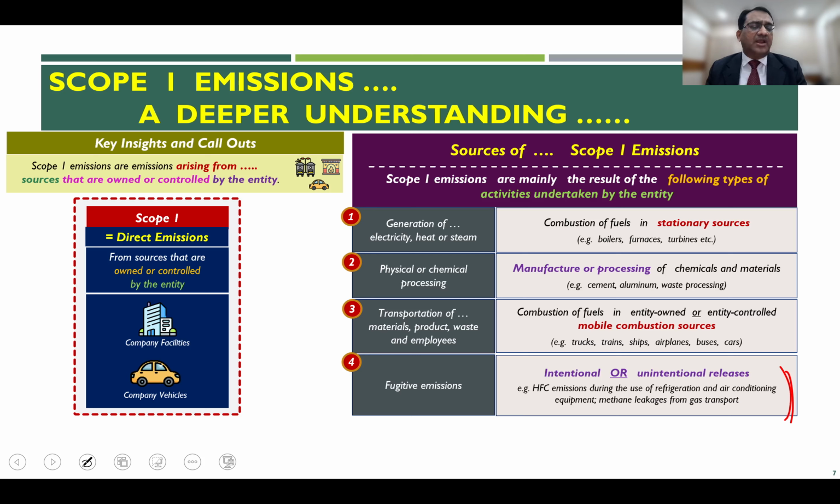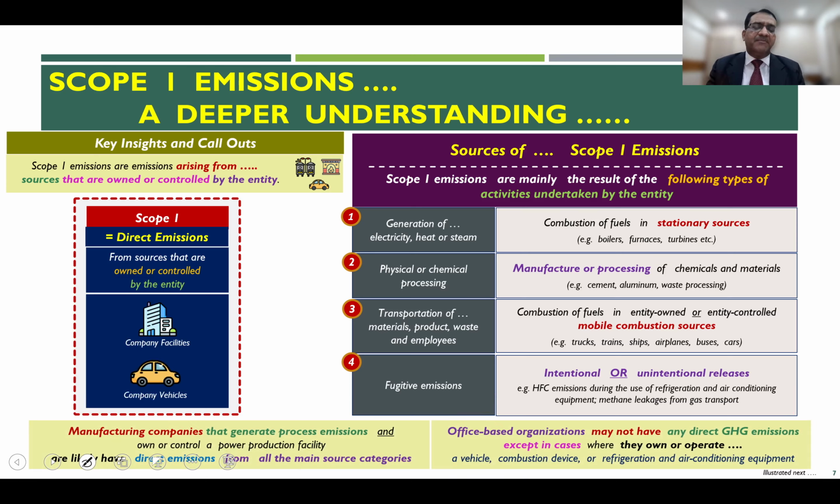It may not be very applicable to all the entities, but for specific industries, this kind of emission is also applicable. So this is the breakup of what can constitute scope 1 emission. Of course, manufacturing companies and the office-based companies are likely to have different categories of the emissions within their carbon footprint.